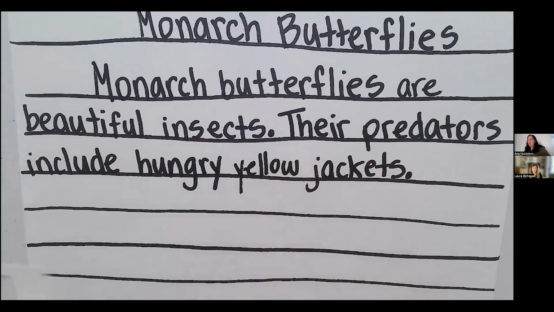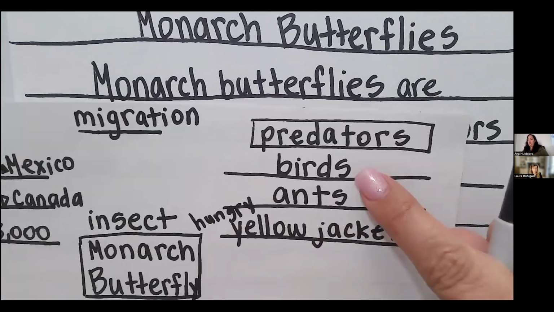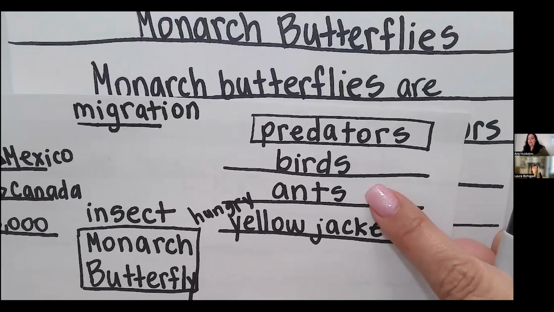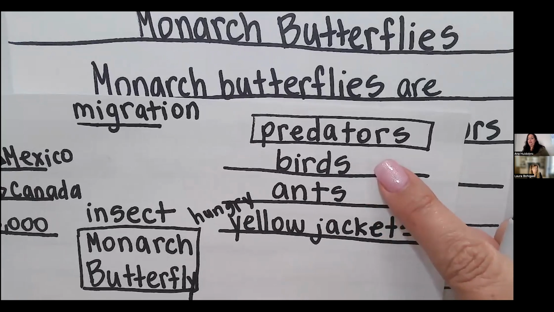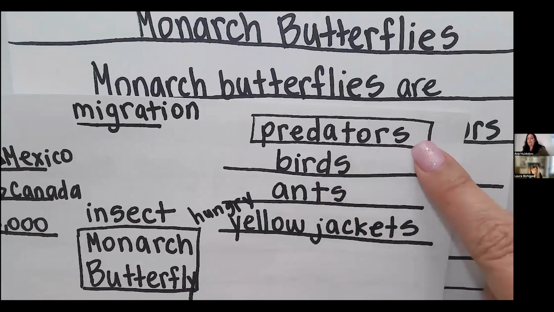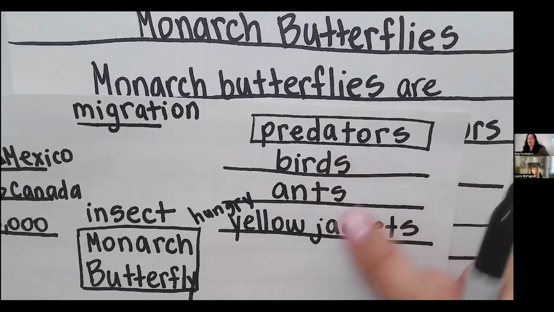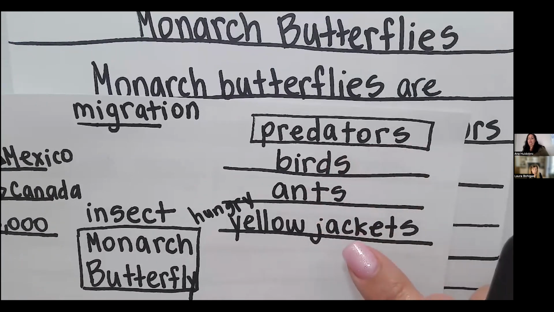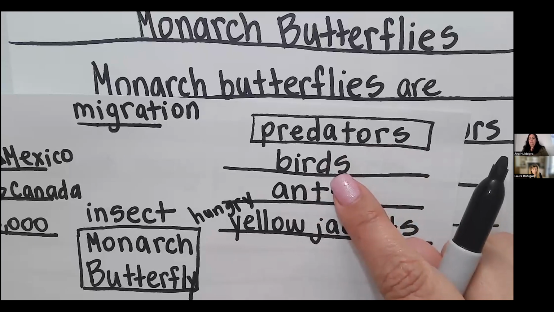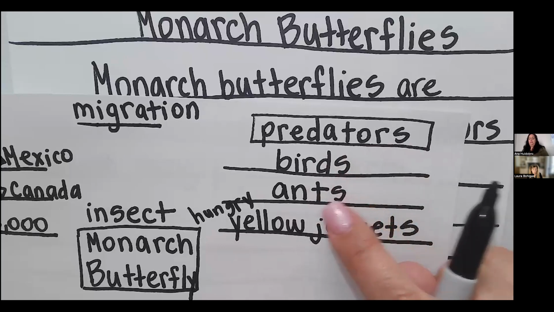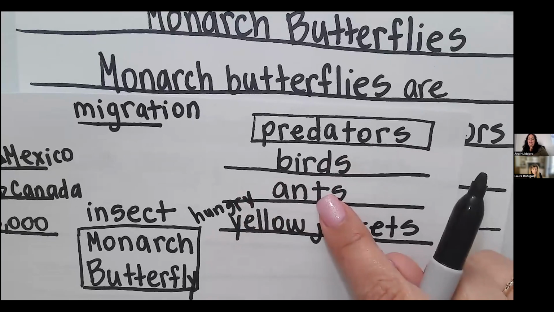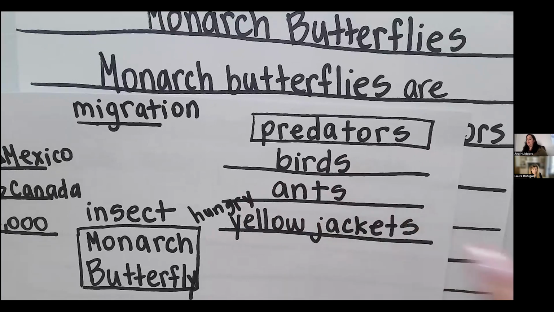So maybe you want to write about birds. You might want to write about ants. You might do the commas in a series. Their predators include birds, ants, and yellow jackets. You might say vicious birds, a ton of ants, something to describe this, however you want to do it.